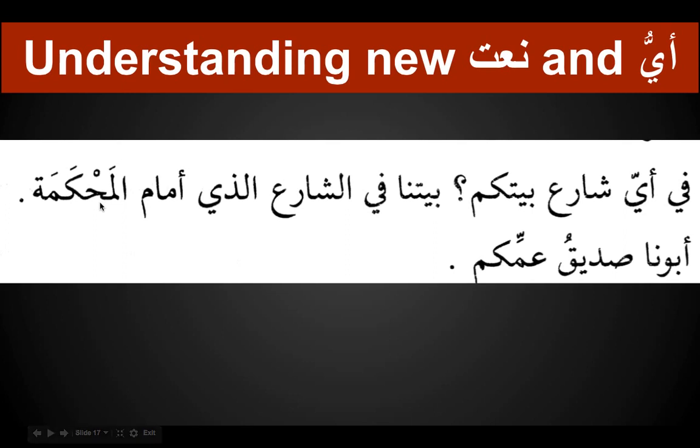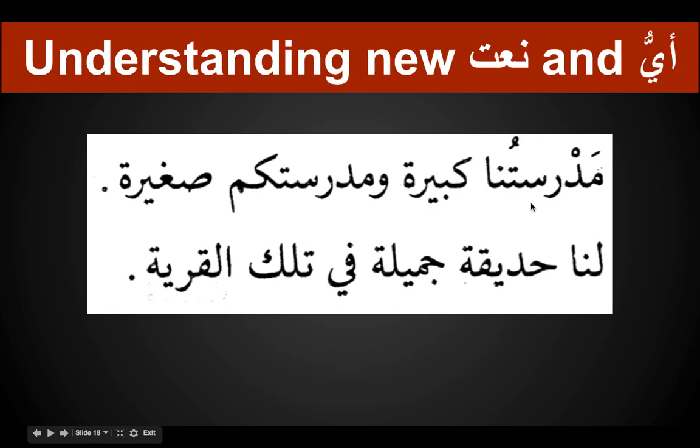Abuna sadiqu, our father's friend. Why sadiqu with one dhamma? Because it is turning itself into a mudaf. If it was ending here it would be abuna sadiqun, our father is a friend. But we are saying friend of uncle, sadiqu ammi, wahuwa mudaf and kum is mudaf ilayhi. Our father is your uncle's friend.